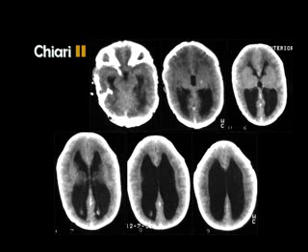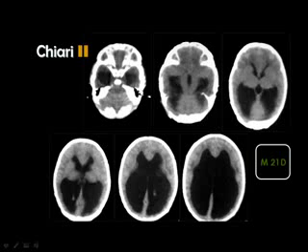The frontal horns are dilated and the occipital horns are dilated. But in Chiari malformation, the occipital horns are markedly dilated compared to the frontal horns, and this is what is known as colpocephaly, which describes that the occipital horns are markedly dilated compared to the frontal horns.